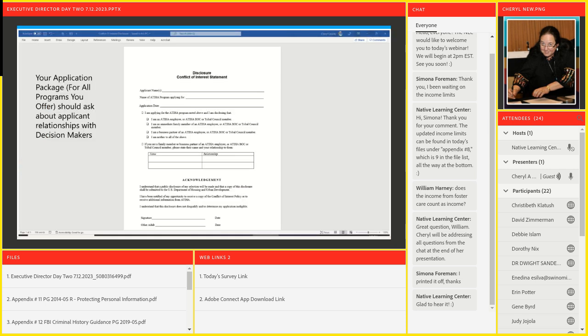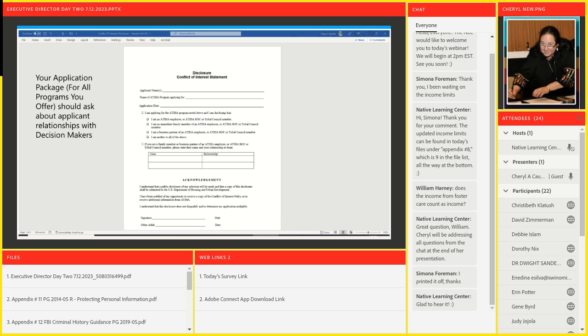Your application package should be asking, and this is for every product which you offer that you have an application for. Your application package for all your programs that you offer should ask about the applicant's relationships with your decision makers. Okay, this is huge. This is part of your conflict of interest. It's your disclosure, okay? Who's the applicant? What program are they applying for? What's the application date? I am applying for the program noted above. I'm disclosing that I'm an employee, a board of commissioner, or a tribal council member.